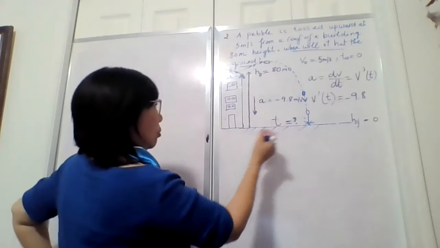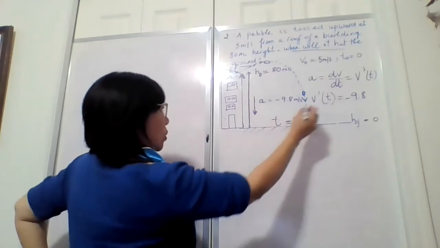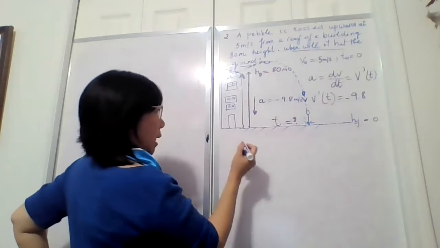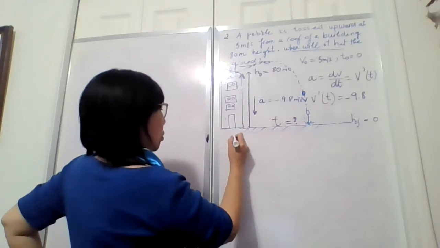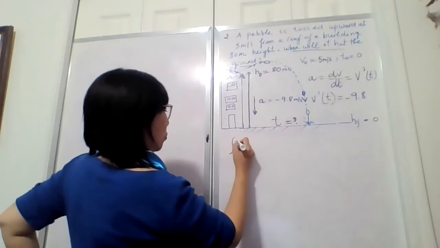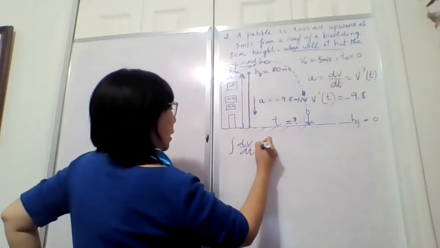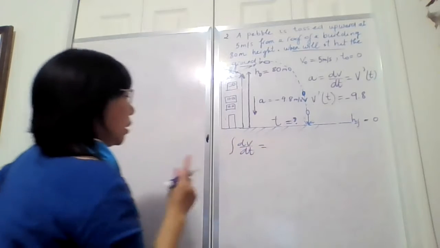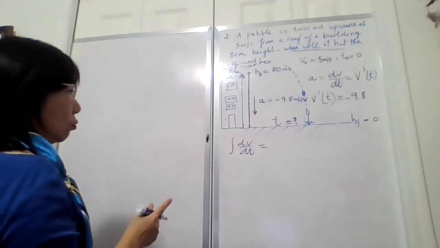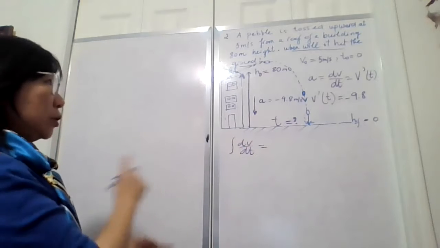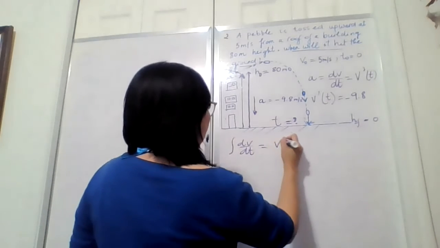Let's write down our equation. We have v prime of t equal to minus 9.8. If we integrate this, which is dv over dt, then what happens? If we integrate this value, we get back to the original v of t.